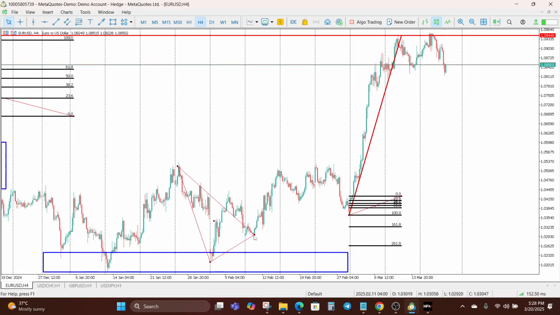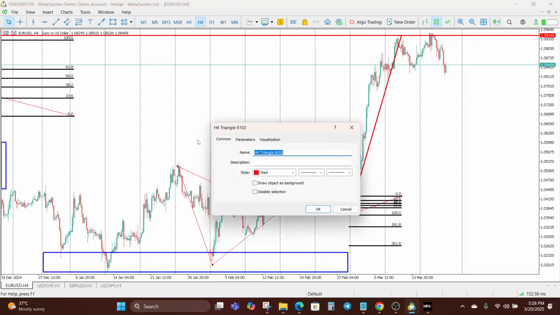For example, you can see maybe I want to highlight price reaction within this triangular space. I can use the triangle.